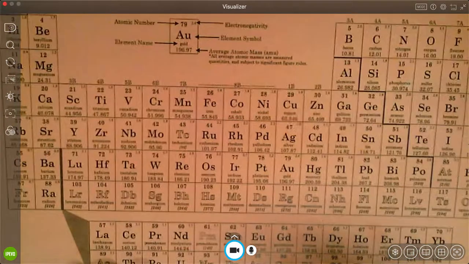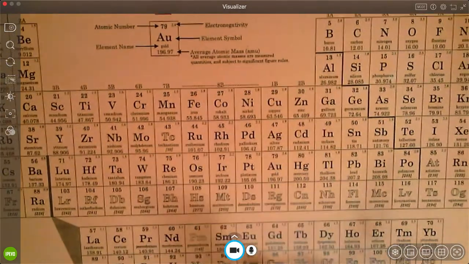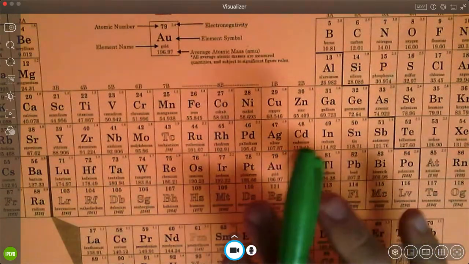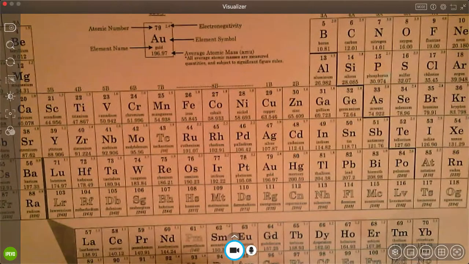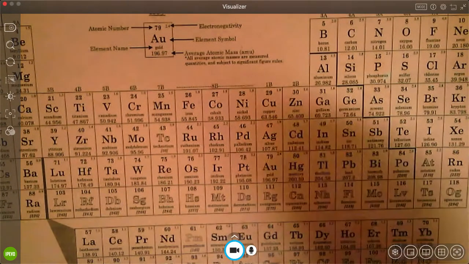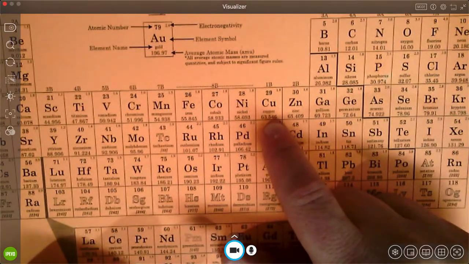Now, I will say this, when you guys are working on these, the percentages I'm giving you in the problems and in this video do not perfectly match what we have on the periodic table. They're just slightly different. For example, my answer for copper was 63.62, whereas the periodic table says 63.546.